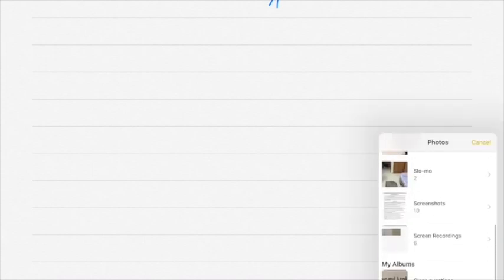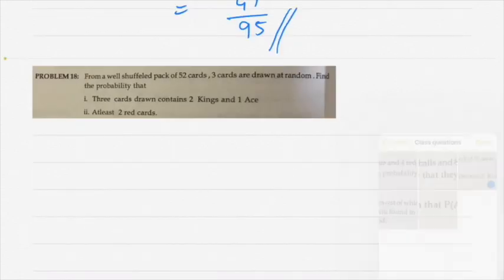Let's solve the next question. Question number 18. From a well shuffled pack of 52 cards, 3 cards are drawn at random. Find the probability that 3 cards drawn contain 2 kings and 1 ace, and at least 2 red cards.